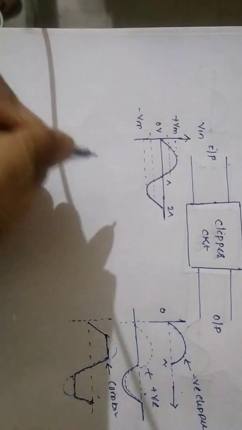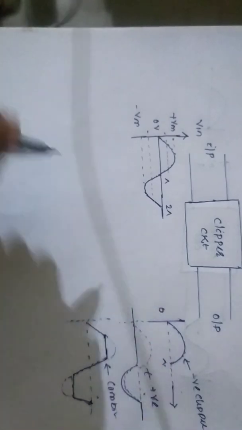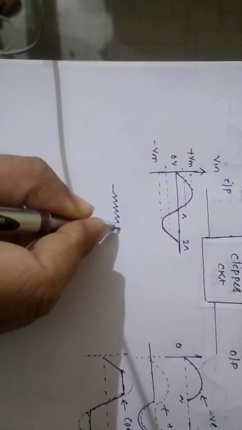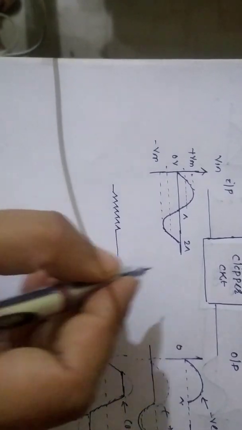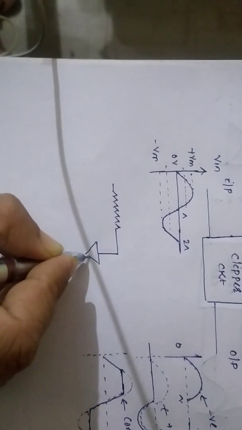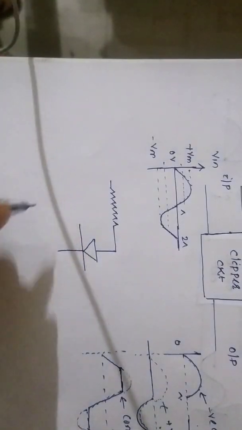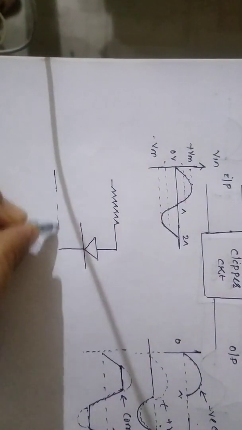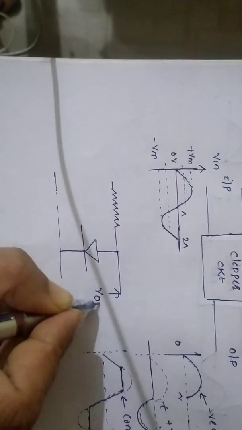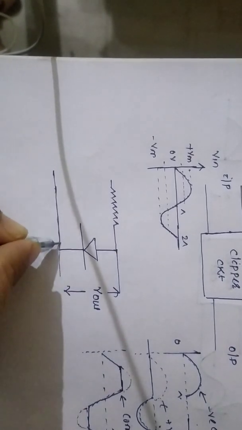Now let us see. Whenever we have to design the clipper circuit, we use two components: one resistance and another a diode, right? And if the diode is connected in this way, in parallel with the output, such a clipper is known as a shunt clipper.